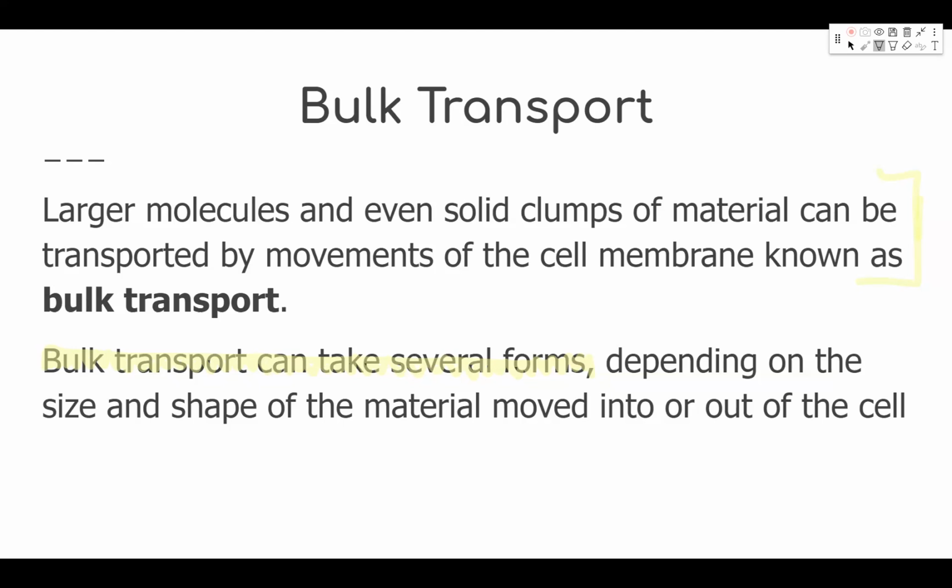Hence bulk transport. All right. Bulk transport. We're going to talk about these different types of bulk transport.